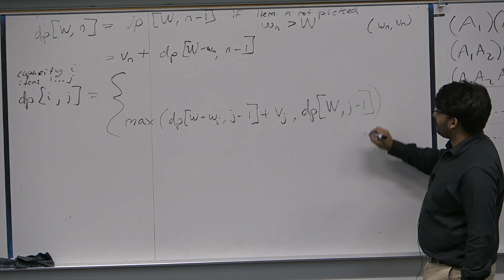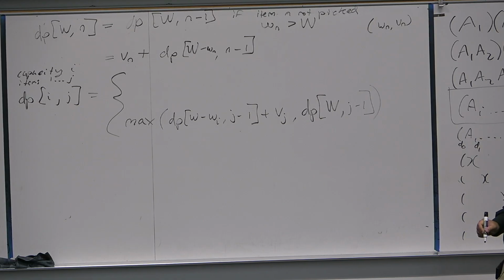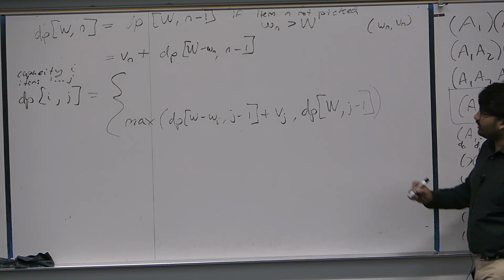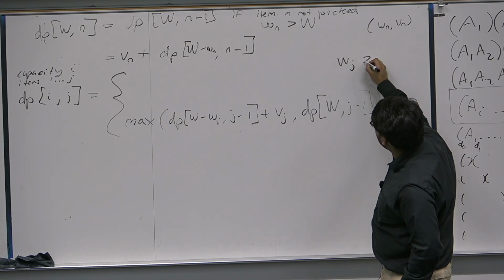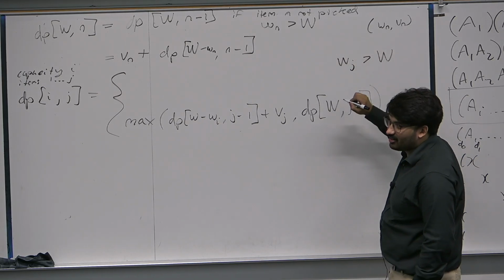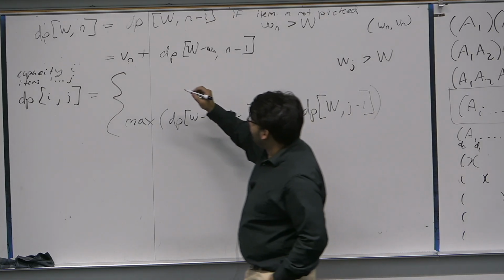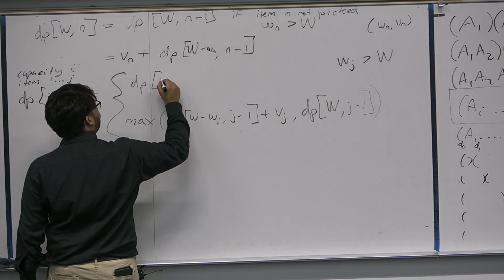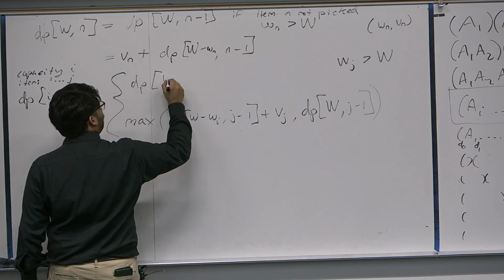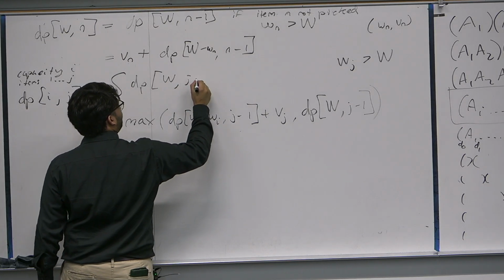Okay. But sometimes you don't get to choose the max of those two because the item takes over for you. So if it's the case that the jth item's weight exceeds not even your current capacity, but the capacity at all, then you just don't consider it. So this will just be hard-coded to be dp of w, comma, j minus 1.